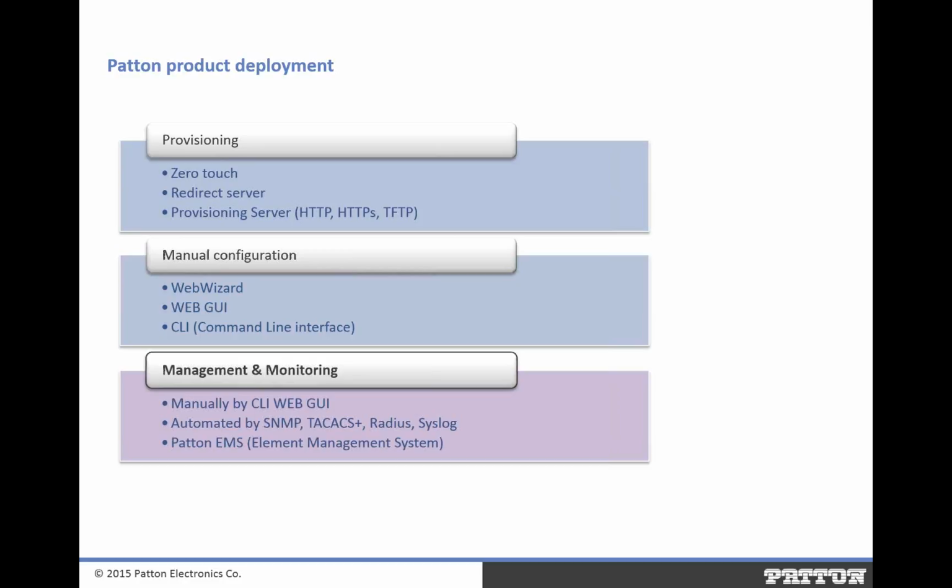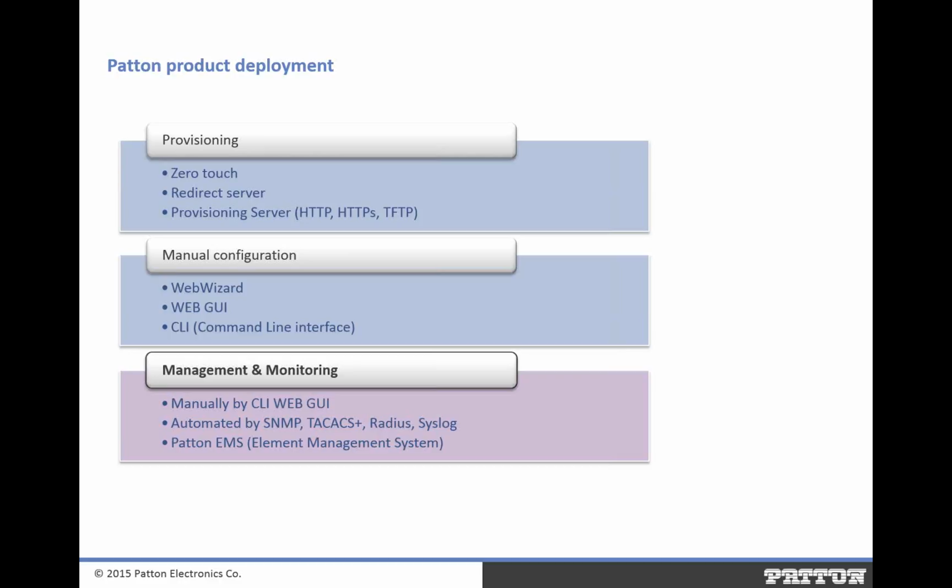Once a unit or units have been deployed out in the field at the customer sites, you might want to know what's happening to those devices and how they behave, or you want to monitor them in order to be alerted if any problem occurs with the service or with the unit itself. That can be done by a manual intervention using the CLI or the web interface, but it can be done in a more automated way by using standard protocols we support on our devices, or there's another option by using the Patton element management system, which is a full-featured monitoring and management system which can manage up to 100,000 devices.